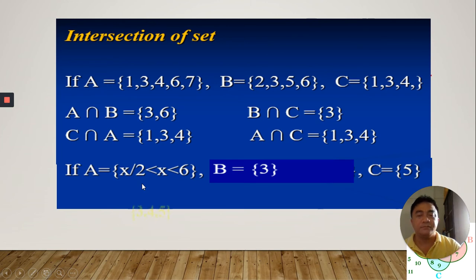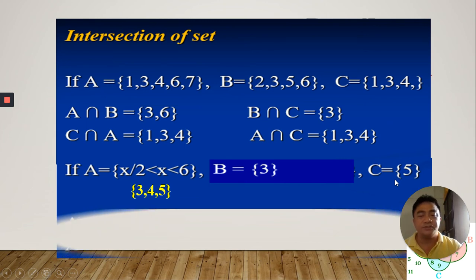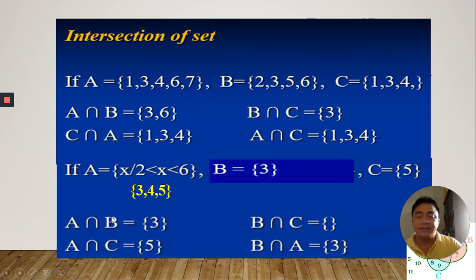We have here the set A, set B, and set C. The questions: A intersect B. We have only 3 and 3 in common, so we have 3. A intersect C, you have only 5 and 5, so you have 5. B intersect C.